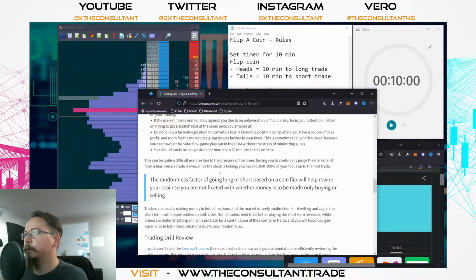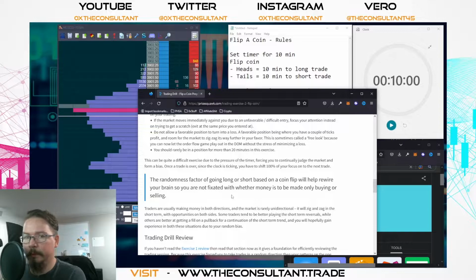Once the trade is over, since the clock is still ticking, you have to shift 100% of your focus to the next trade. So that kind of goes back to not really worrying about the outcome of your previous trade. The randomness factor, going short based on a coin flip, will rewire your brain so you are not fixated on whether money is to be made only buying or selling.